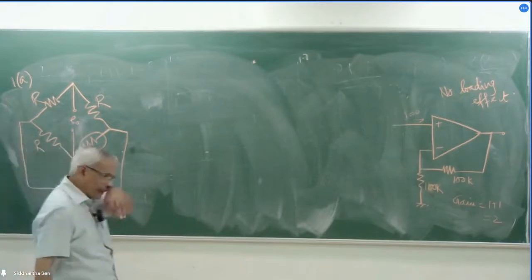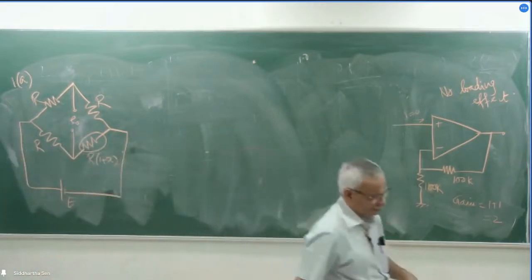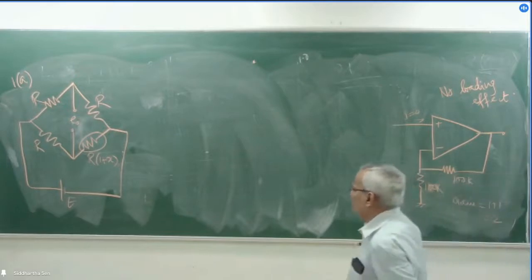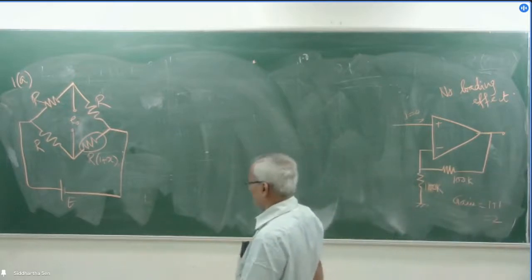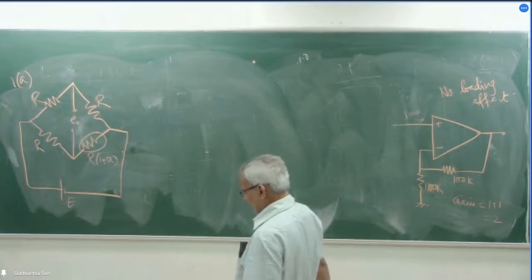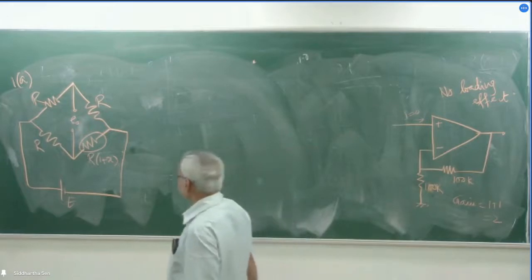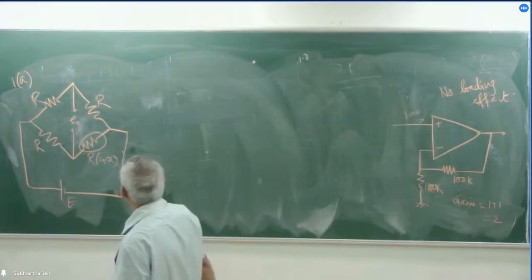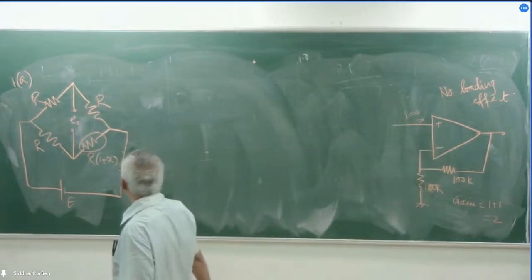Okay. I think these things must have been discussed while discussing the Wheatstone bridge. So for the Wheatstone bridge, mostly we talked initially about the balanced bridge, but in the measurement systems of instrumentation, we often use an unbalanced Wheatstone bridge.